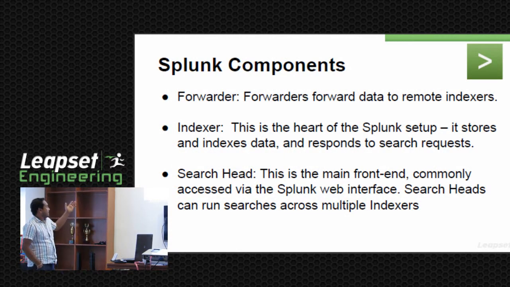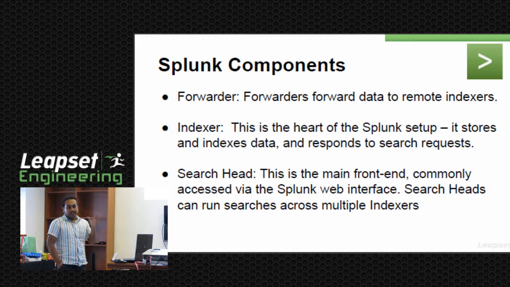As I said, these are the Splunk components. Mainly the forwarder is a lightweight tool provided by Splunk itself. The purpose of the forwarder is to forward all the raw machine data into the Splunk index server.